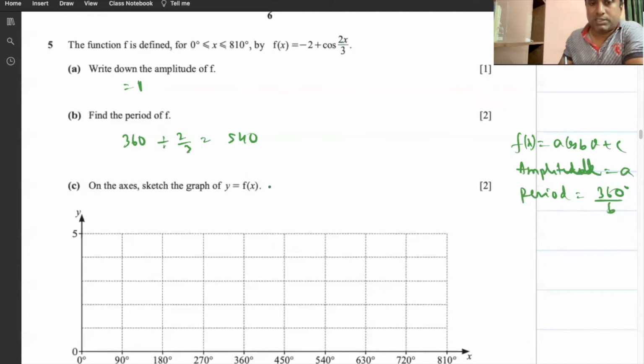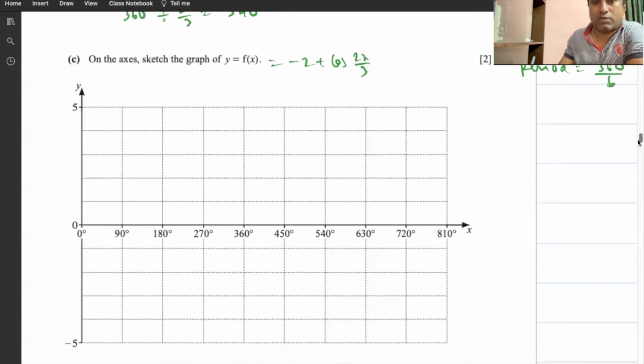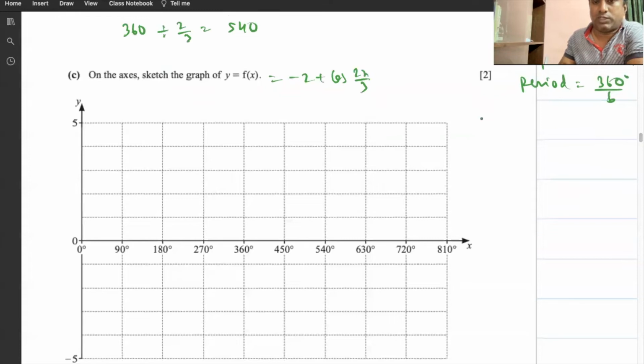Now let me sketch this graph. It's quite easy to draw the graph. If I use x equals 0, then f(x) equals minus 2 plus cos 0, that is minus 1. I can use the value here.